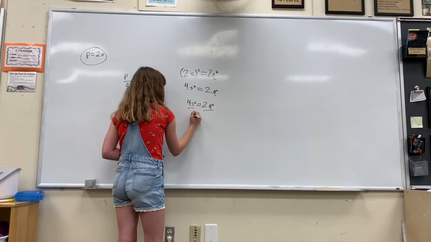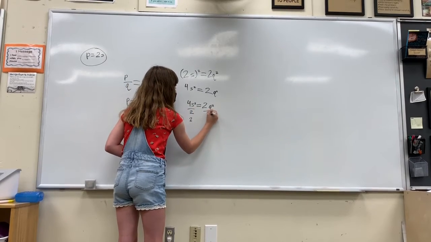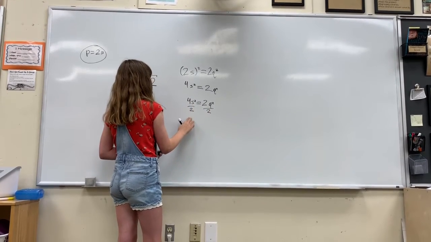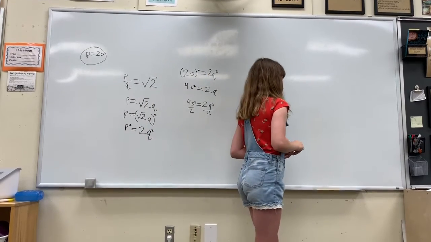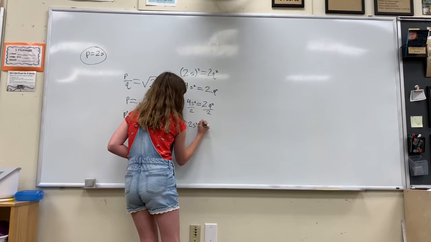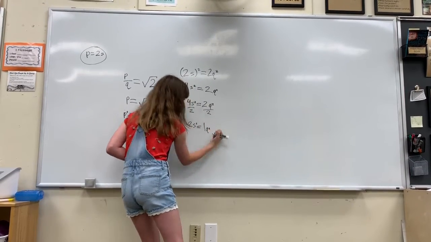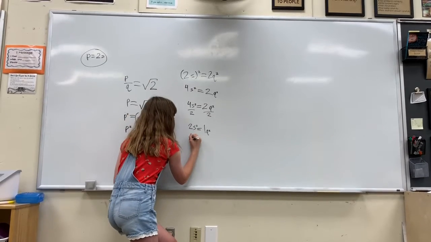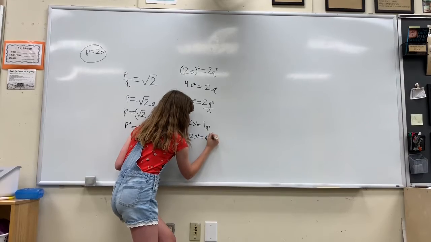That would make 2s squared equals 1q squared, or 2s squared equals q squared.